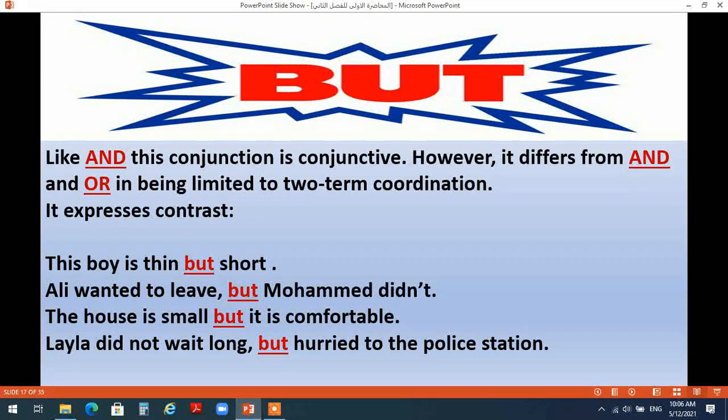ليلى didn't wait long but hurried to the police station. أيضا هنا استخدمنا but للدلالة على علاقة contrast أو علاقة تباين، إنه she didn't wait but she hurried to the police station. إذا دائما نستخدم but للدلالة على وجود علاقة تباين أو تناقض في الجملة.